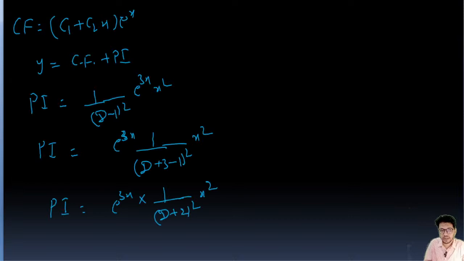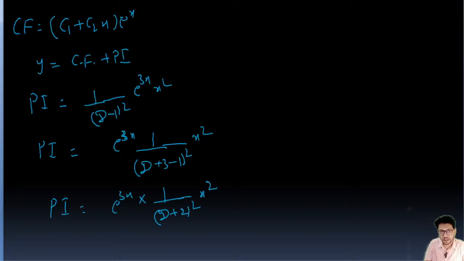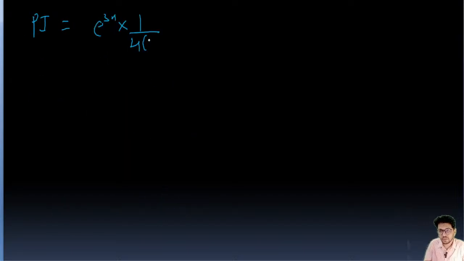Okay, so PI is going to be e to the power 3x into 1 upon, here we can take 2 common. So we'll take 2 its whole square, so we'll take 4 common, so it is going to be 1 minus d by 2, 1 plus d by 2, sorry, d by 2 to the power 2, on x square.